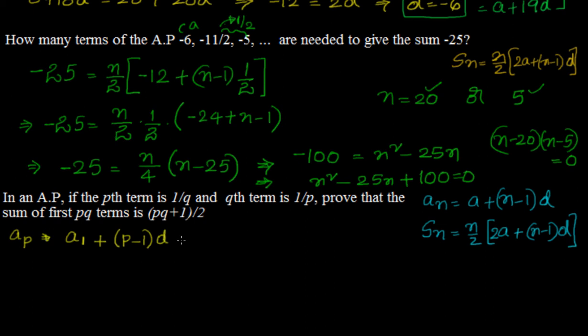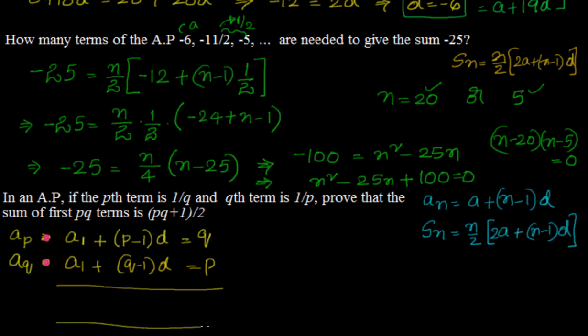But this is nothing but equal to 1 by q. Similarly, I have just written here that this is the pth term and this is the qth term. And we know that aq is nothing but a1 plus q minus 1 into d equal to 1 by p. Now you have two equations. You can solve them and find out the variables a1 and d.